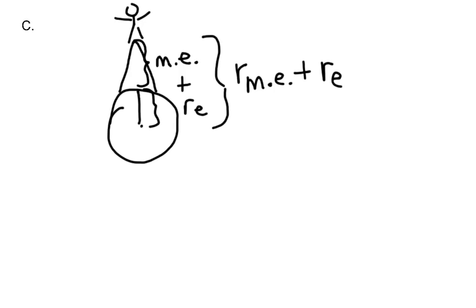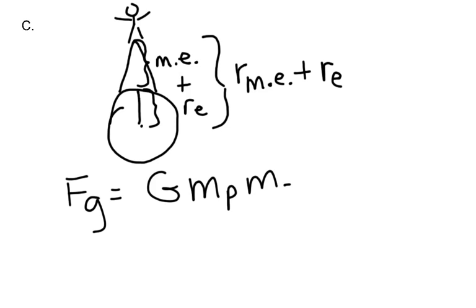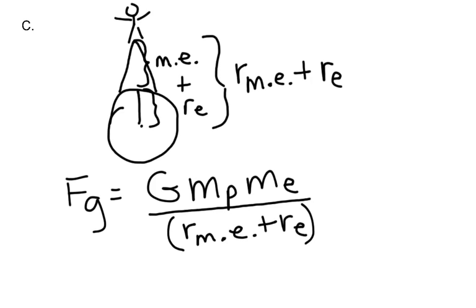And so that would be the distance, or the radius, or the height of Mount Everest plus the radius of the Earth. So what does that look like in the formula for the force of gravity between you and the Earth? So we still get the universal gravitational constant, we still have the mass of the person, we still have the mass of the Earth, and the distance between you and the center of the Earth is now the radius, or the height, of Mount Everest plus the radius of the Earth, and we square that whole amount.